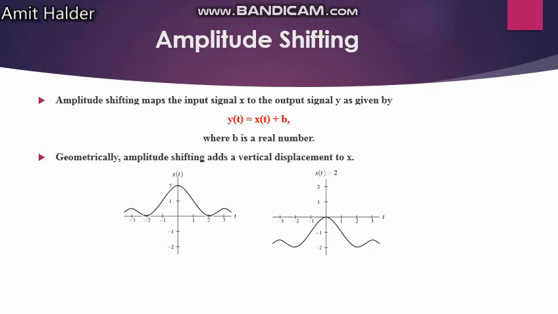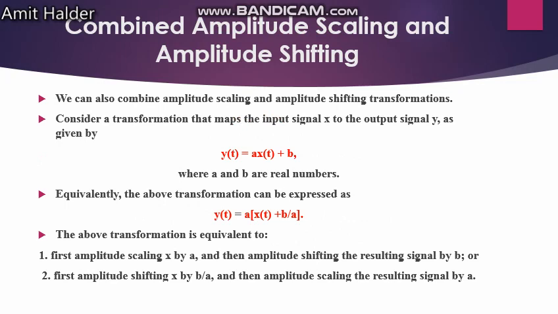That will be plus or minus, any kind of thing, and that is known as amplitude shifting, up or down. The shift is along the y-axis. Amplitude means the y-axis, and the other thing is the x-axis, that means time shifting, which I have told you.